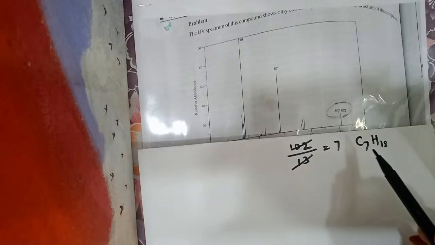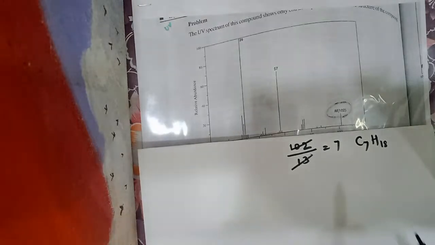But we are provided with other kind of evidences also. So we have to take into consideration all those different spectra, and then finally find out the exact structural formula. Now let us see another graph.